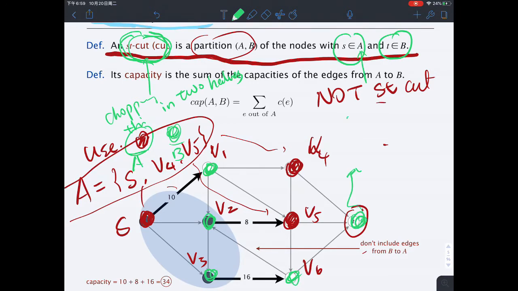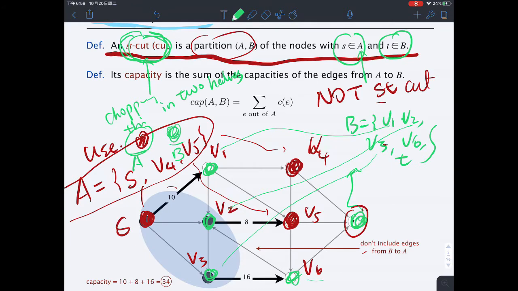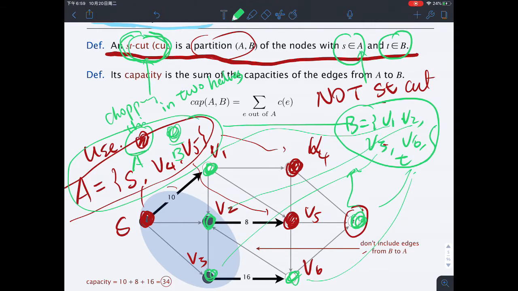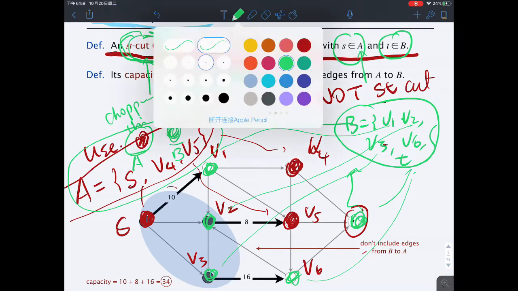And we can let the rest of them be B. So B equals V1, V2, V3, V6, and T. V1 is here, V2 is here, V3 is here, V6 is here, T is here.